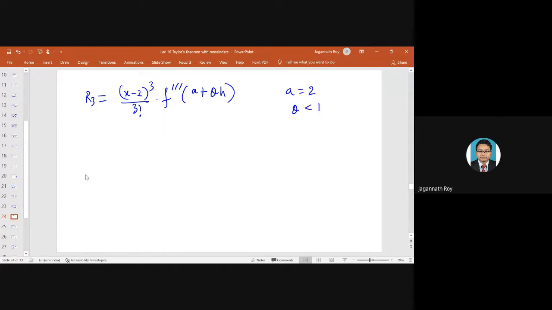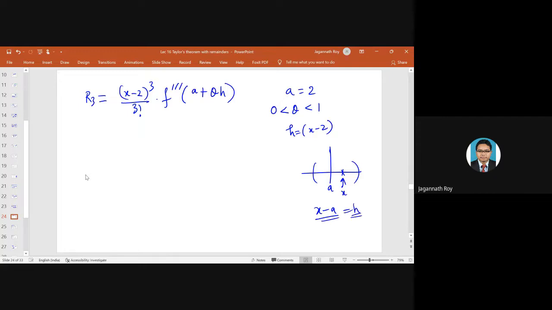Theta is a value from 0 to 1. And h is actually x minus 2. X is our required point. Remember, this is a, this is our x. We try to approximate. So x minus a, we call it h.